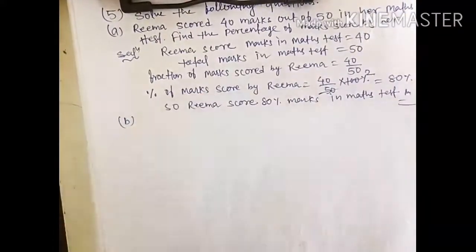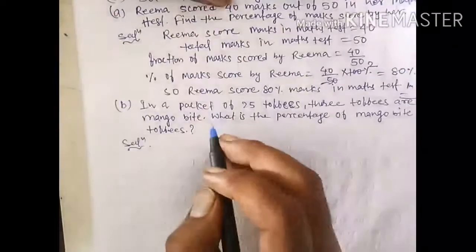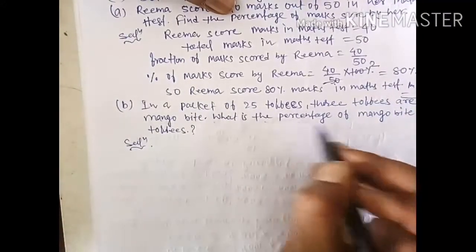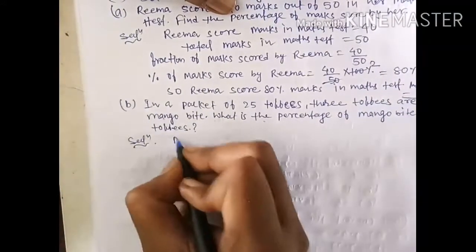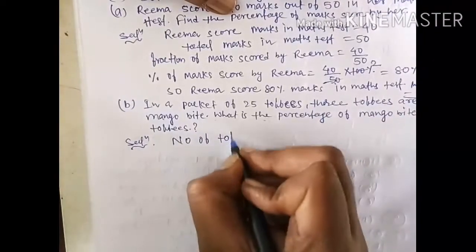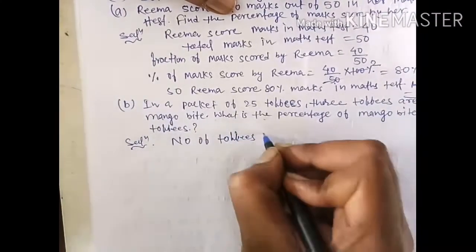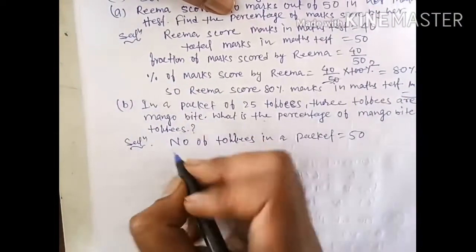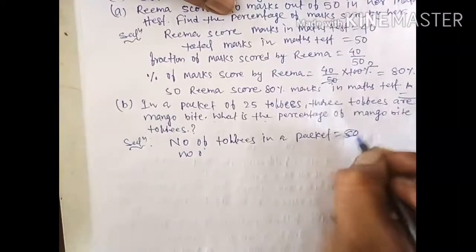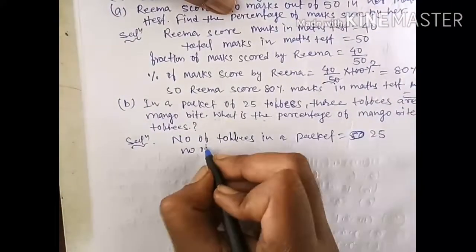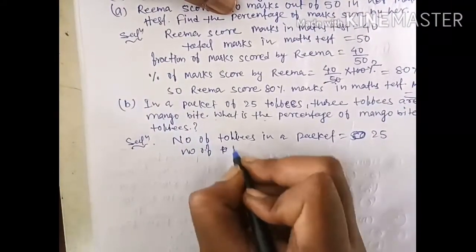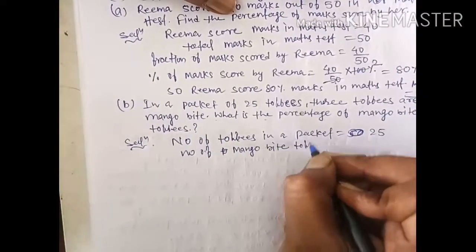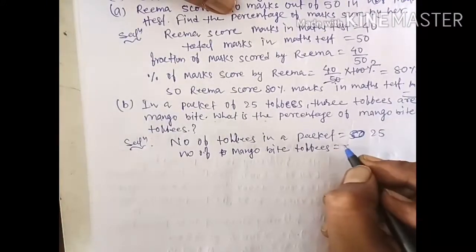In question number B, in the second question, in a packet of 25 toffees, 3 toffees are mango bite. What is the percentage of mango bite toffees? So the number of toffees in a packet is equal to 50. Not 50, this is 25. The number of mango bite toffees is equal to 3.